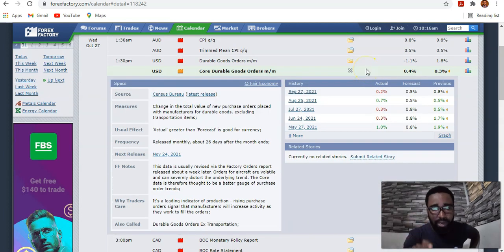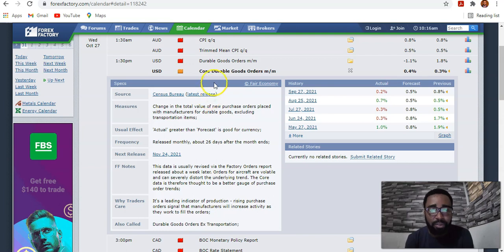Any time you see something like durable goods and core durable goods, you should know that the one that has core excludes some factors. So like this one that is core durable goods, it's excluding transportation. And you know that transportation accounts for a good percentage of value of new purchase orders placed with manufacturers. Transportation actually accounts for a good percentage of the economy.